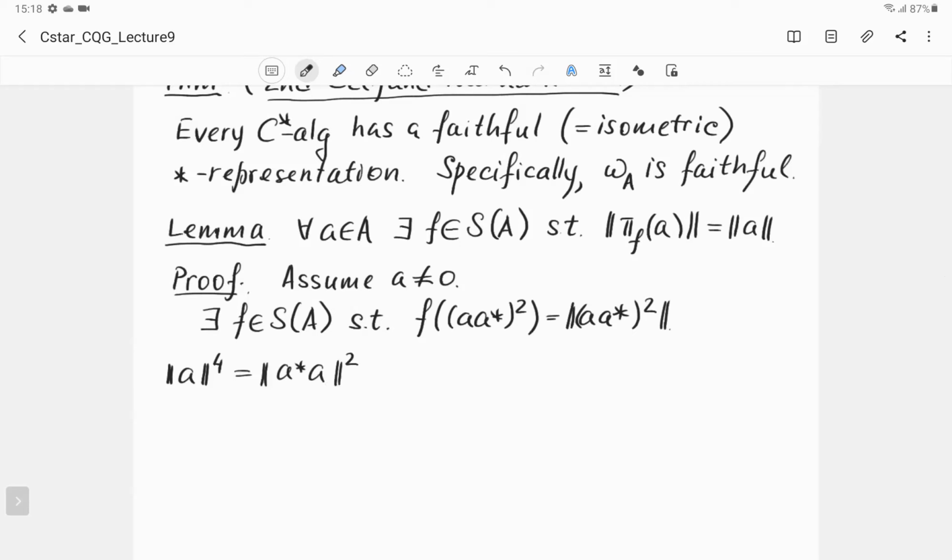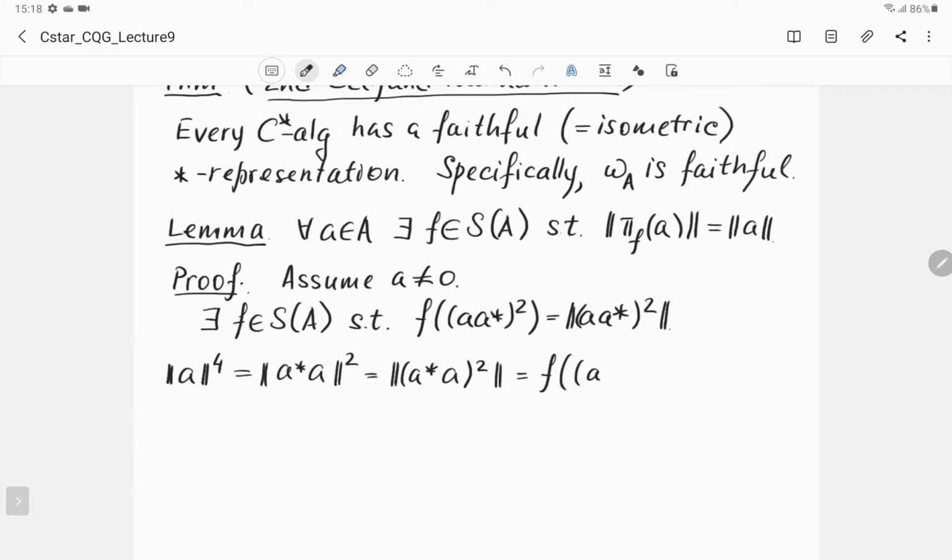Then we apply the C-star identity again, but now to the element A star A. And we see that this is the norm of A star A squared, because this element is self-adjoint. So by assumption, this is f applied to A. Oh, sorry.